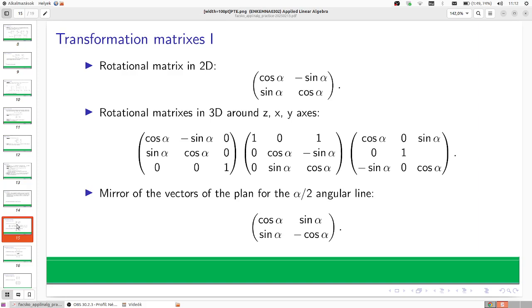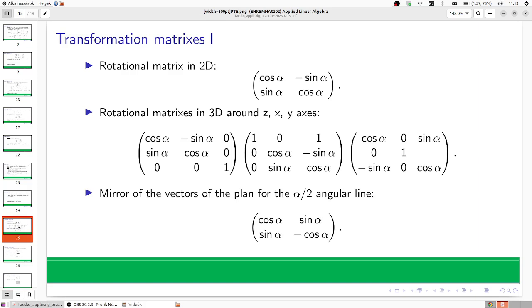I'm perfectly dumb, help me please. What is the sine of 30? It's 1/2. Yeah, okay. So there is a line, alpha is 30. And this should be the transformation matrix for this.